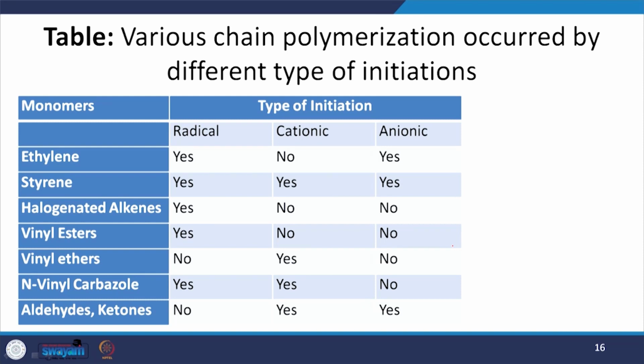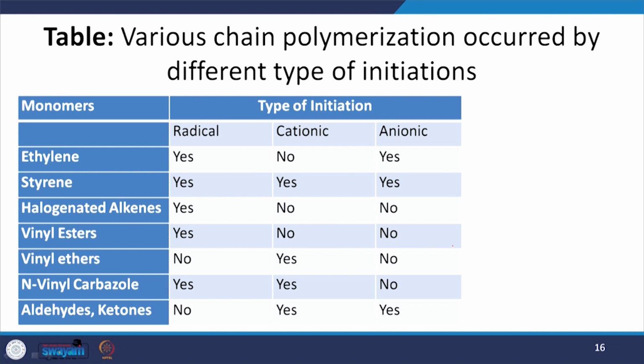Now, the forms of initiation that lead to high molecular weight polymers of different monomers are indicated in a table. You see here the various chain polymerizations occurring by different types of initiators. One column reflects the different types of monomer, then there are the classes of initiation processes.